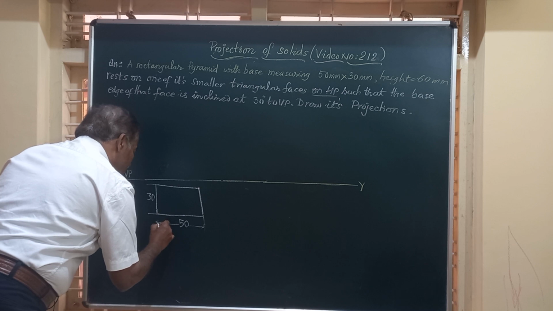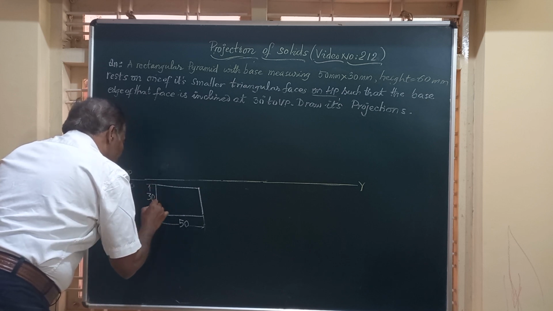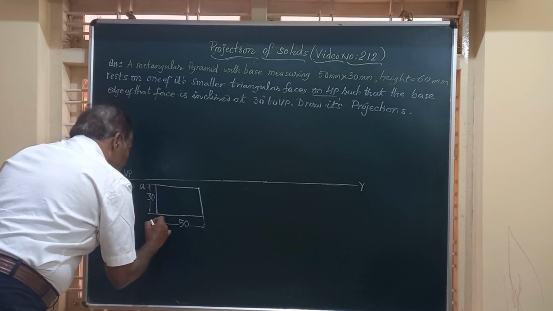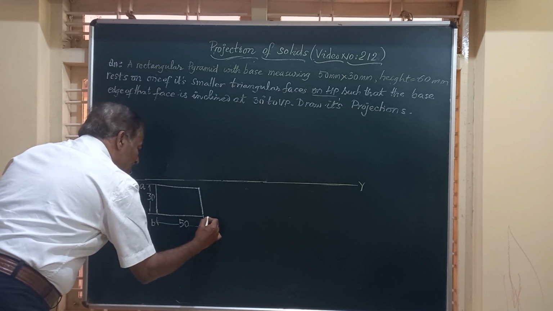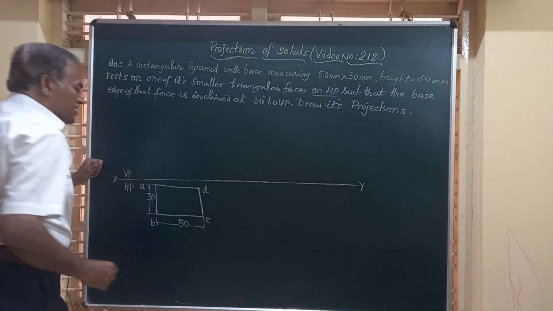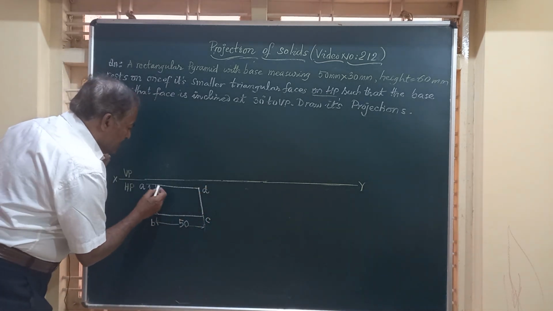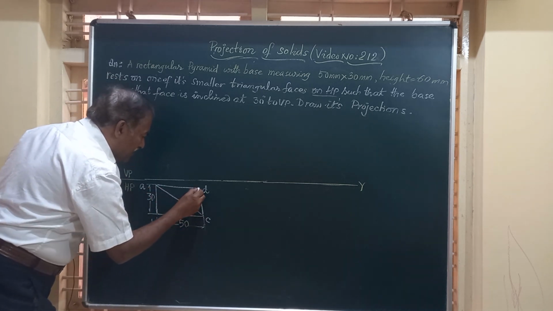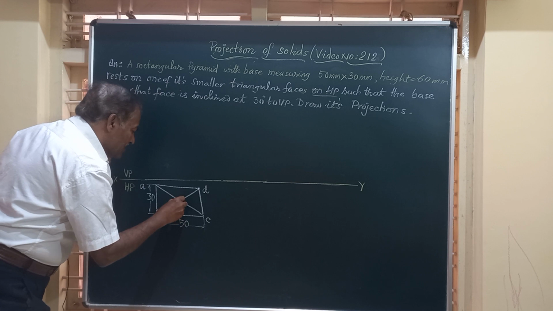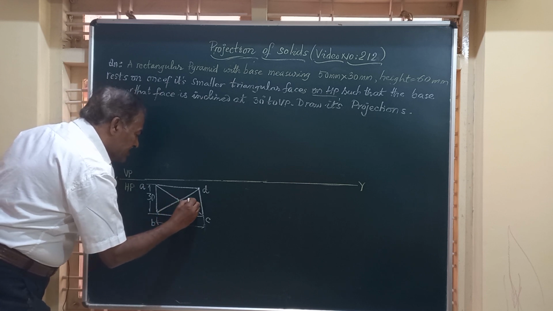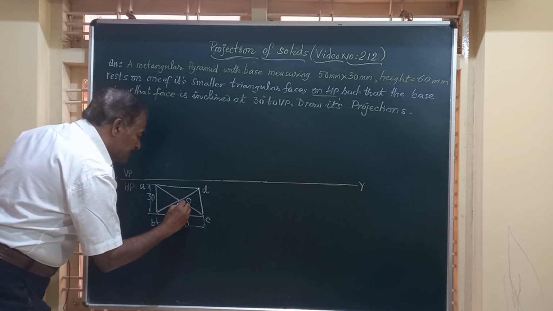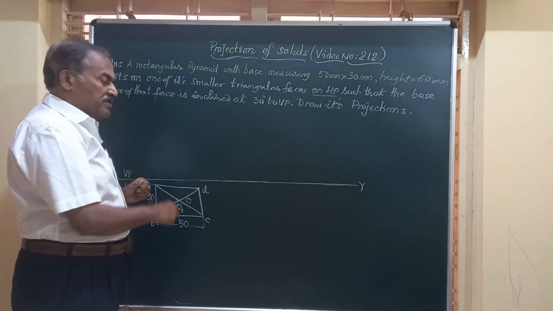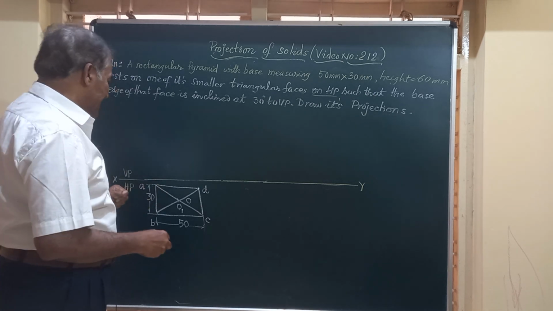We will mark this dimension as 50 by 30, and we will name these corners A, B, C and D. This is the base of the pyramid, and if we join the diagonals A to C and B to D, you will get a common point of intersection called O, the vertex, and mark the center of the base as O1. So O1, O represents the top view of the axis.